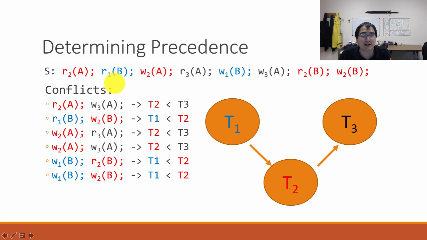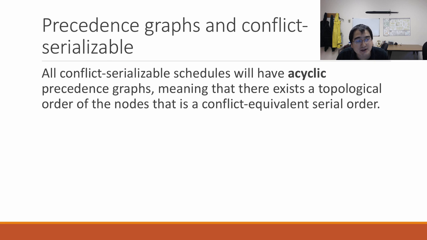This is equivalent to if I just had done all of transaction 1's actions first, then all of transaction 2's, and all of transaction 3's, and you can go through the steps and do the rotations to make that happen. Okay, so the important thing to note here is that all conflict serializable schedules will have an acyclic precedence graph.